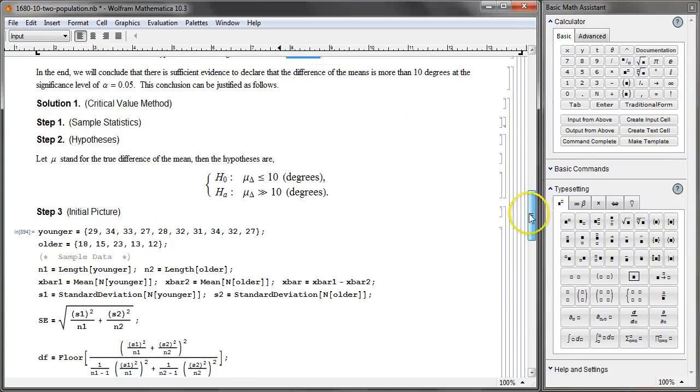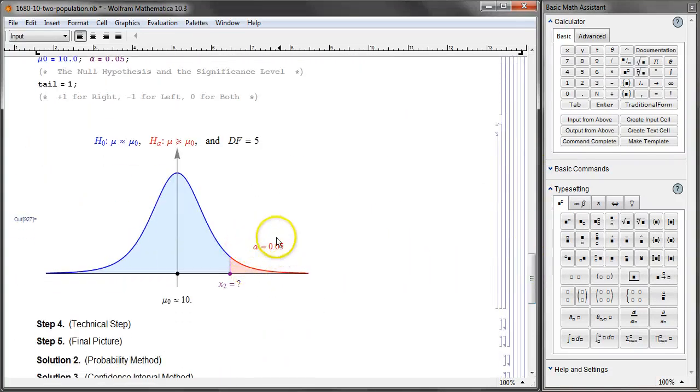Yes, okay. So this red area is 0.05 and consequently this blue area is 95%, excuse me. And you can look up the appropriate t-table to find the t-score for this situation.